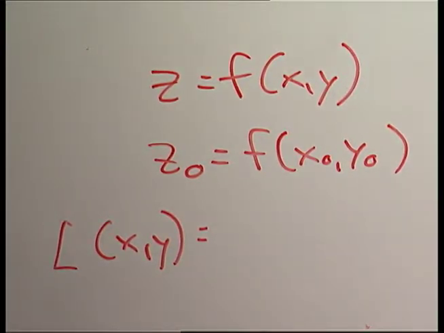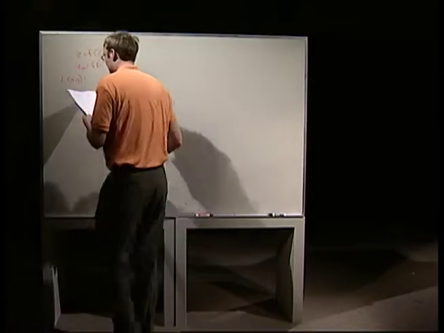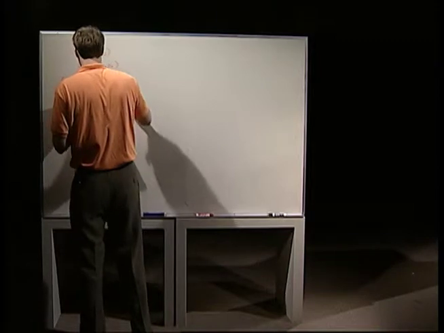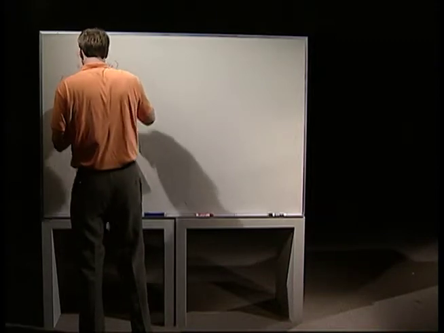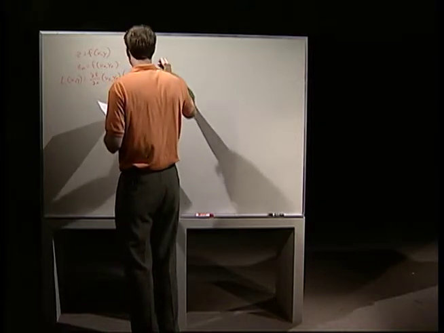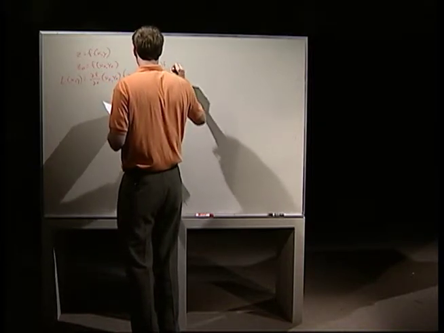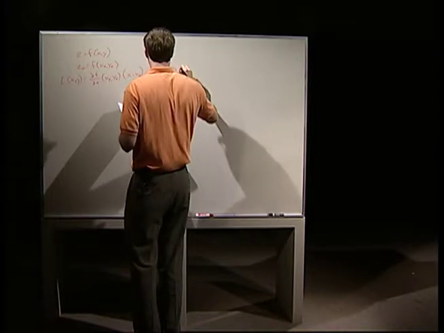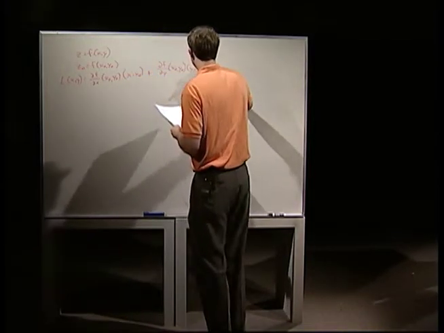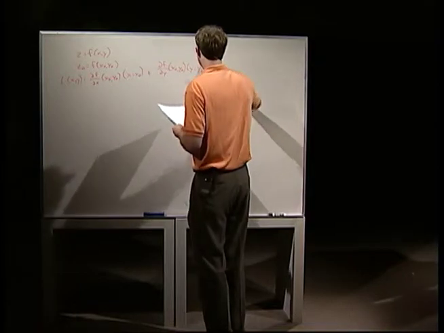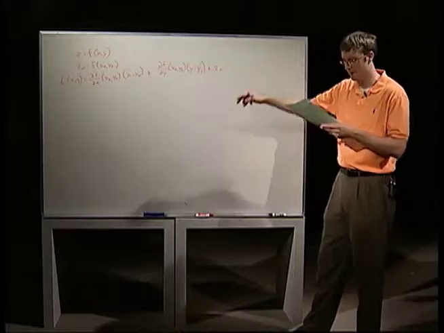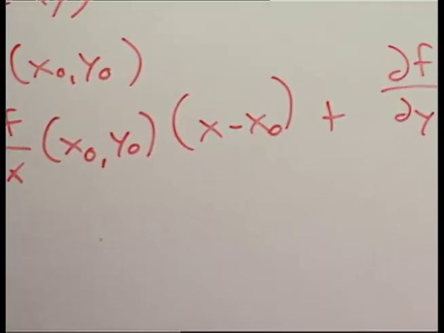L of x, y is the partial with respect to x at x naught, y naught times x minus x naught, plus partial with respect to y at x naught, y naught times y minus y naught, and then we add on z naught at the end. So z naught is f of x naught, y naught. So it's just L of x, y written in a slightly altered form.